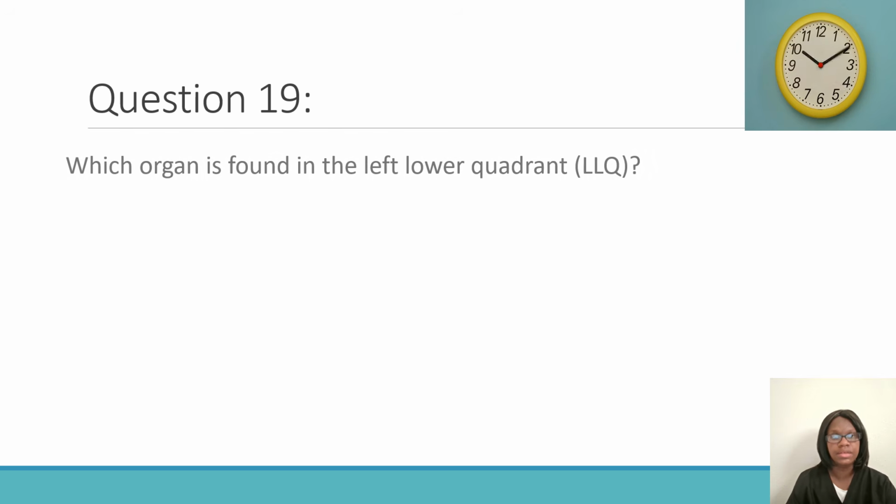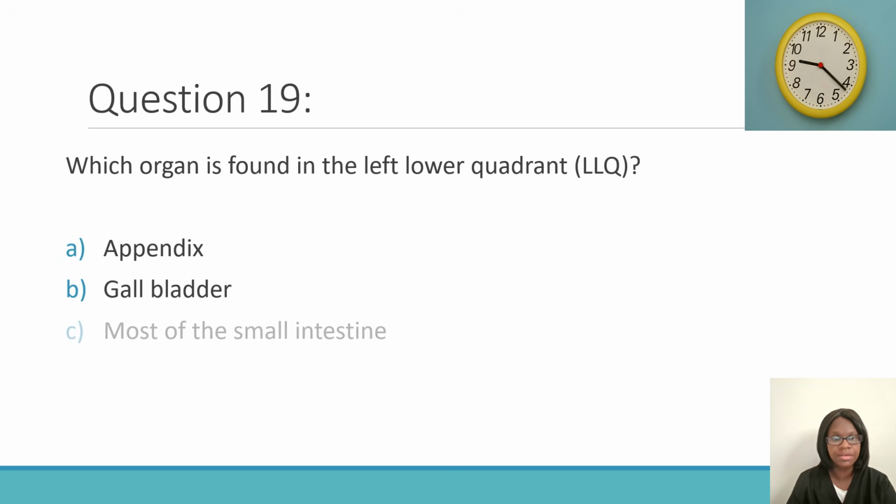Question 19. Which organ is found in the left lower quadrant, or LLQ? A, appendix, B, gallbladder, C, most of the small intestine, or D, stomach?